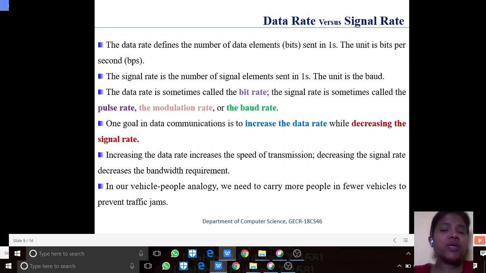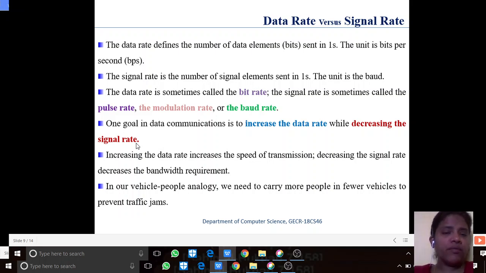Well, what is our aim in data communication? Our aim is to increase the data rate while decreasing the signal rate. I have told you the analogy of vehicle, transportation. Persons being the data, vehicle being the carrier. When the carrier is carrying the data, what you have to see is that you minimize the number of vehicles on the road in order to avoid traffic.